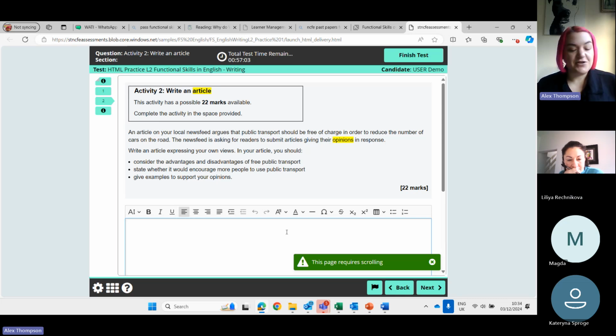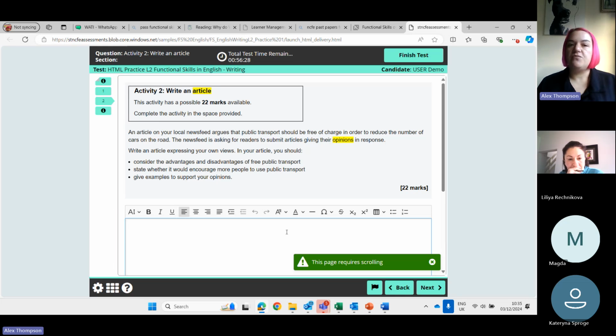You may have a car and you drive and you're happy and you don't care about buses and trains and trams. Fine. But don't write that in your article. Have an opinion. Either think that it's a great idea or a terrible idea, or judge both equally. You know, say, I think it's good, but. So you have to become a little bit imaginative, maybe a little bit dramatic in order to write your answers for these. Again, we're not looking for the truth, we're looking for how well you communicate.